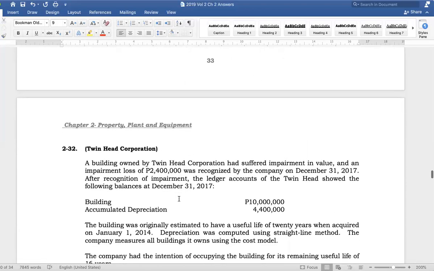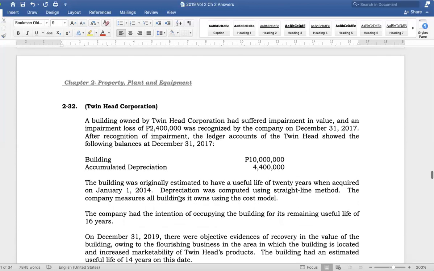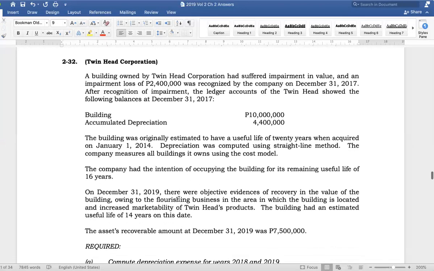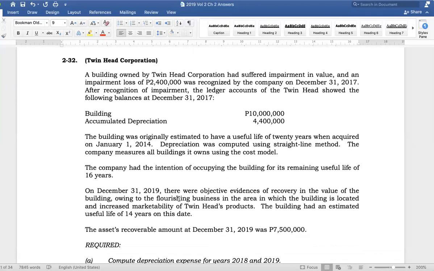Okay, we are now moving to recovery of impairment. Similar to recognition of impairment loss, there may be a case wherein such impairment loss previously recorded may be recovered by the entity.